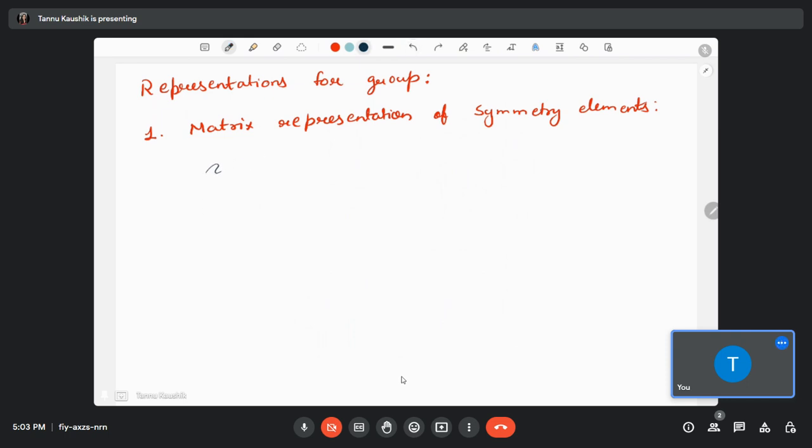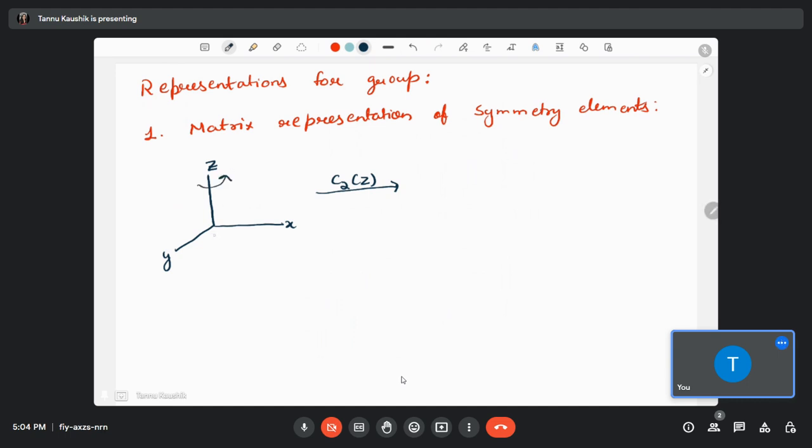So firstly, let us make a three coordinate system. We represent this axis as z-axis, this is y-axis, and this is x-axis. So if we apply a C2(z) operation on this three coordinate system, what will be the configuration we will observe in this system?